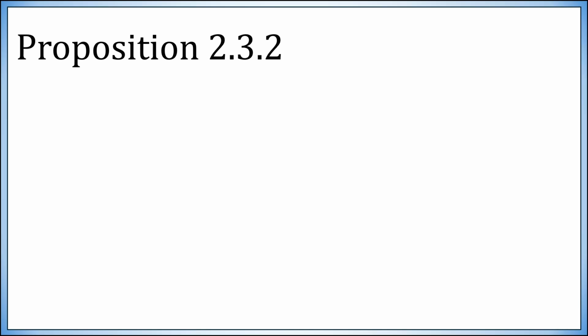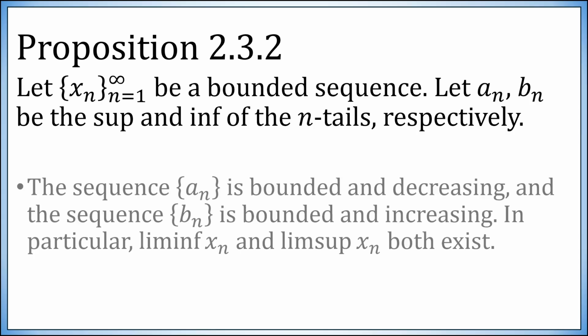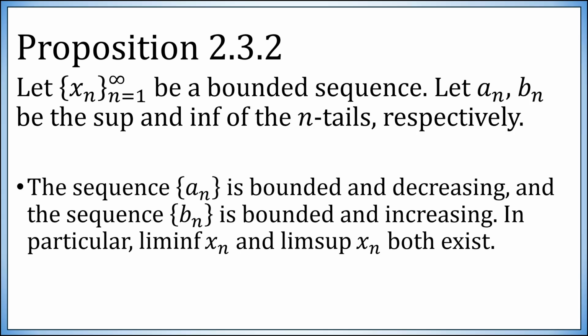Proposition 2.3.2. Suppose x_n is a bounded sequence, and a_n and b_n are the sup and inf of the n-tails. Then the sequence of sups of n-tails is bounded and decreasing, and the sequence of infs is bounded and increasing. In particular, the limsup and liminf always exist. This justifies our definition of the limsup and liminf.